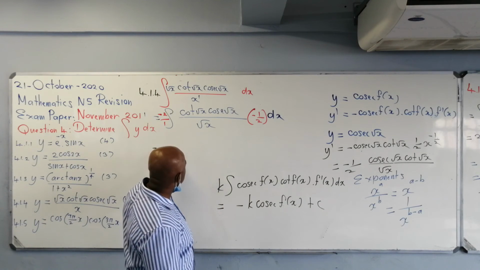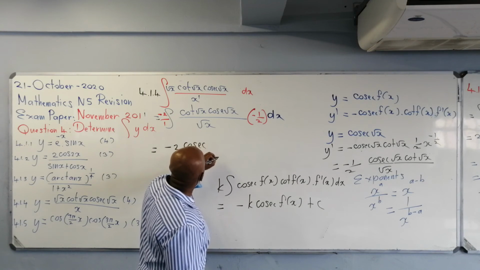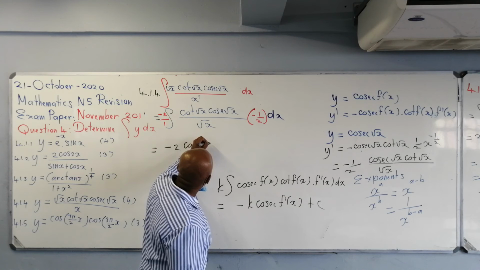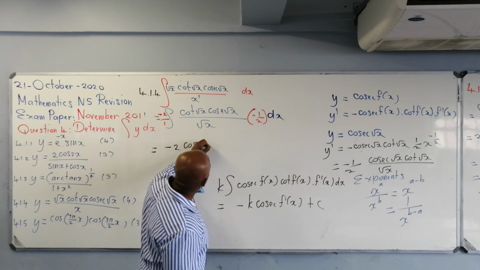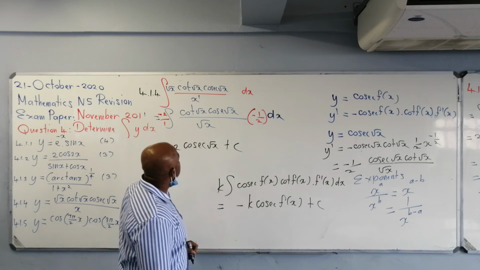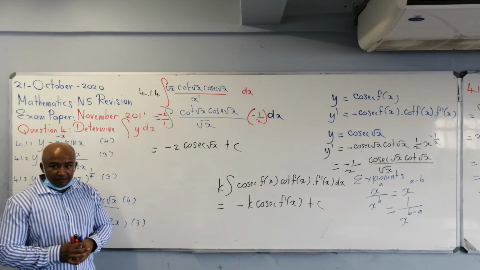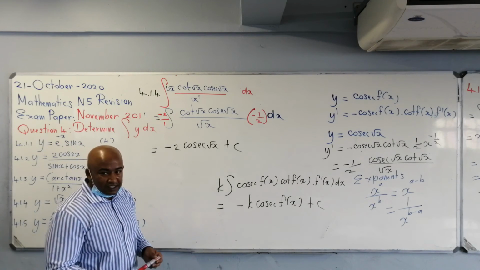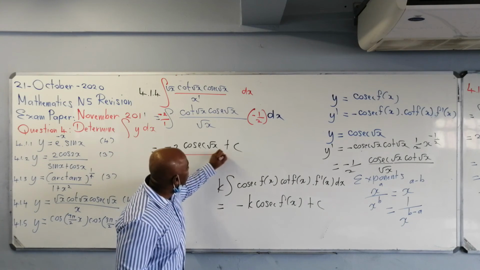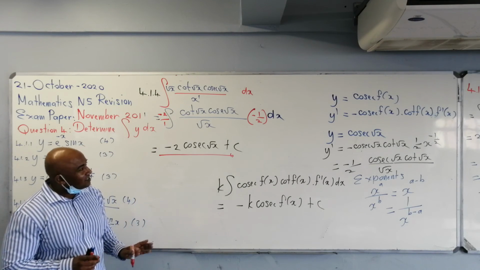It's just going to be minus 2 cosec of f of x, which is square root x, plus c. This is by inspection. But don't worry too much about the inspection if you can't get the derivatives.